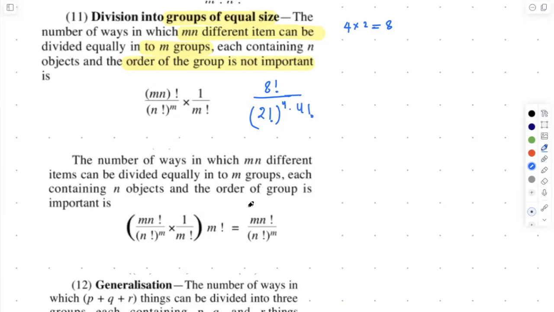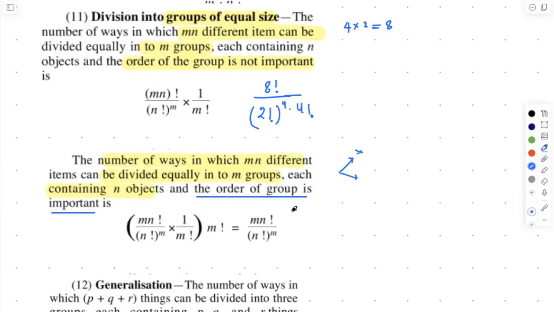But if the order is important, because you have to distribute teachers among the schools, whenever the number of ways mn different items can be divided equally into m groups, and the order of the groups is important, because you are going to distribute the teachers, there are four schools. If two teachers go here, then the others go elsewhere, so you can have the permutation also.